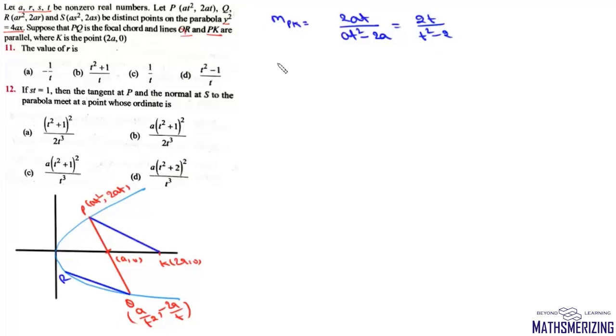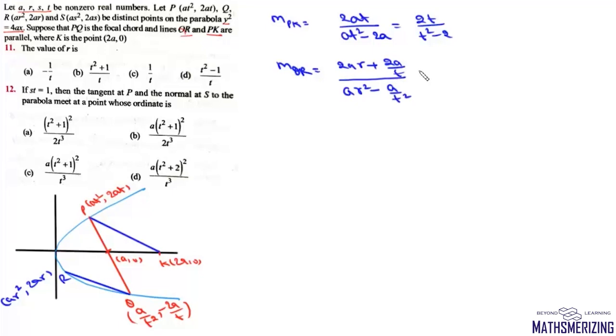And then we'll also find slope of QR. Now this R is given as ar square and 2ar. Now slope of QR will be 2ar plus 2a upon t divided by ar square minus a upon t square.